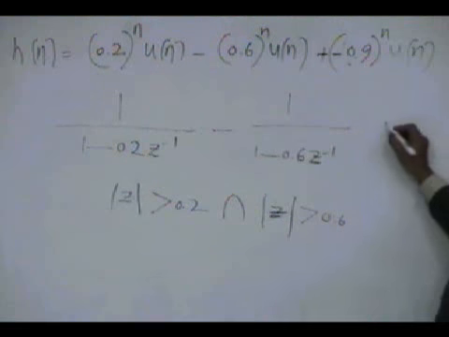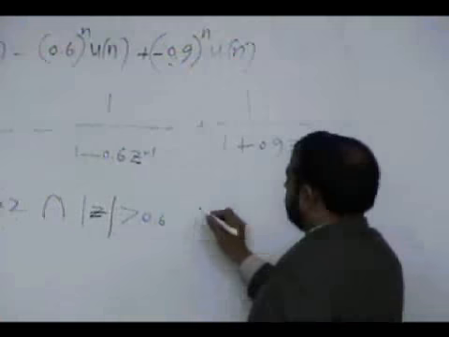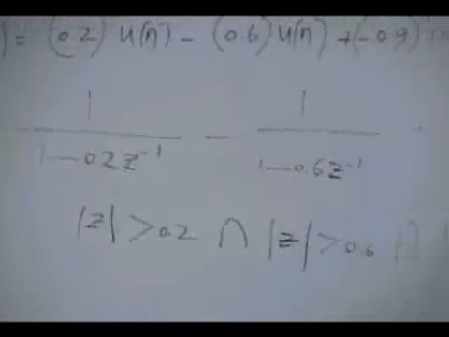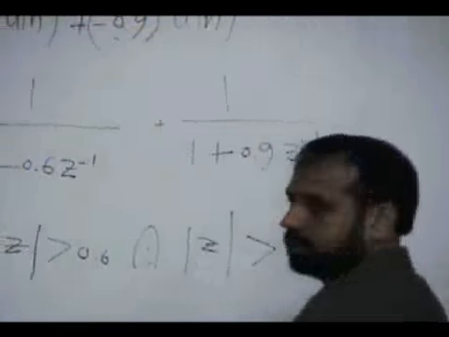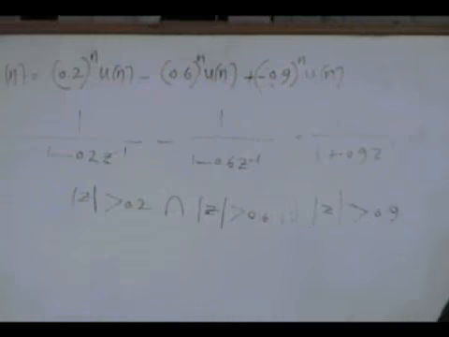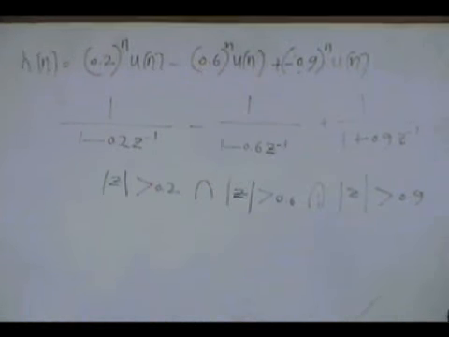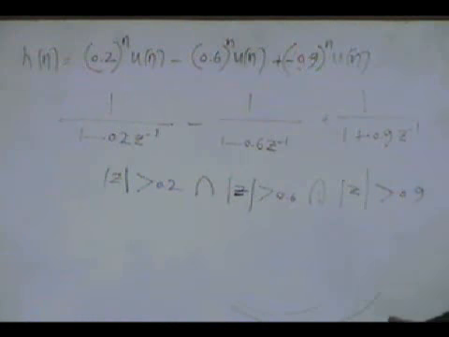This, 1 plus, what is the region of convergence? Greater than 0.9, magnitude, so you take greater than 0.9. Okay, so this is the region of convergence. What is something which should be greater than 0.2, greater than 0.6, greater than 0.9? It must be greater than 0.9.